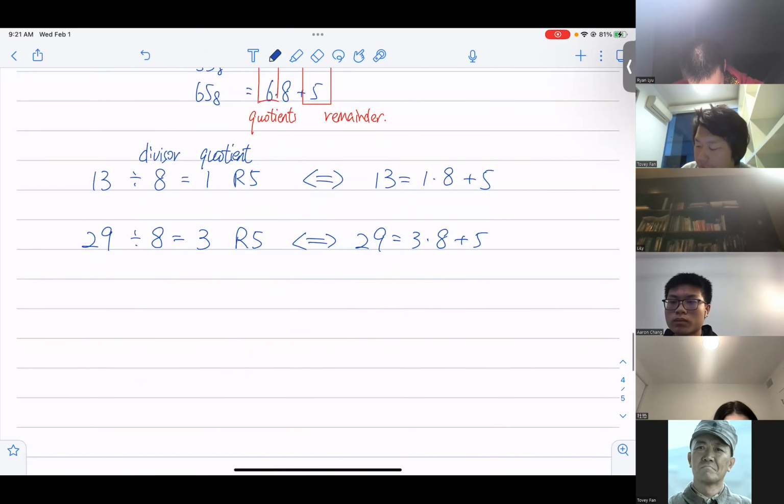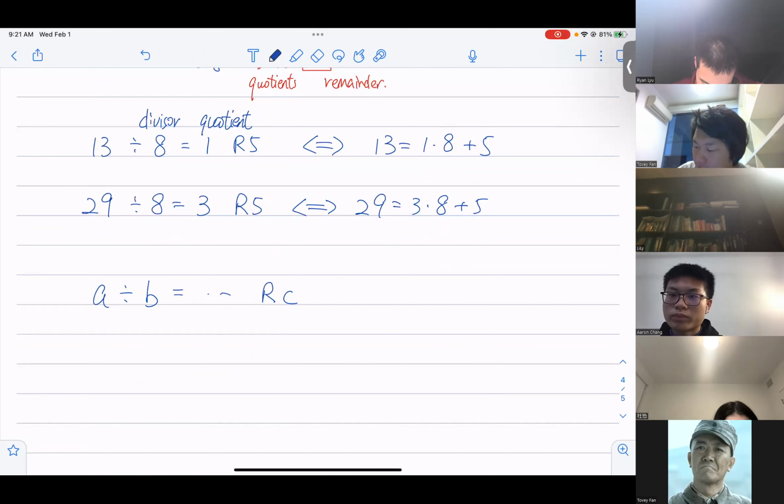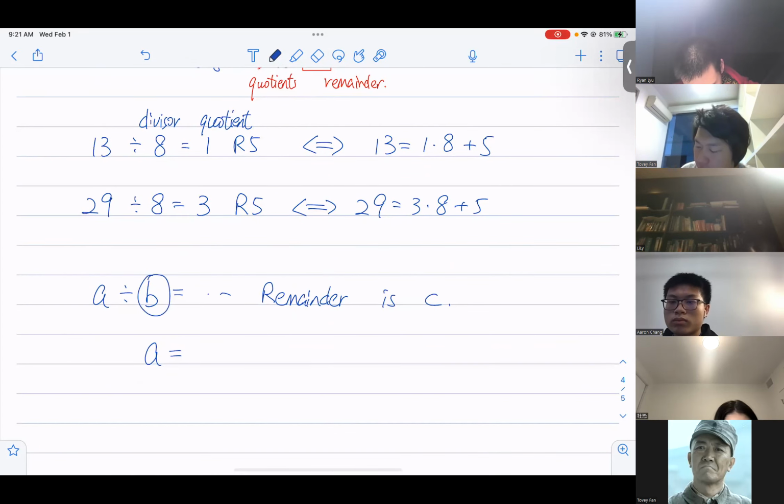Say a number A divided by B, we have a quotient, but if the remainder is C, then that means when you convert A into base B, the last digit is C.